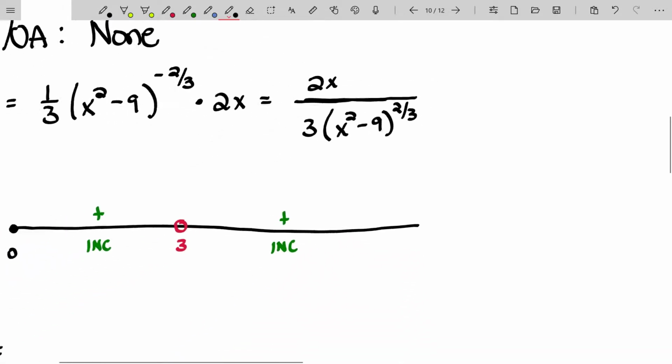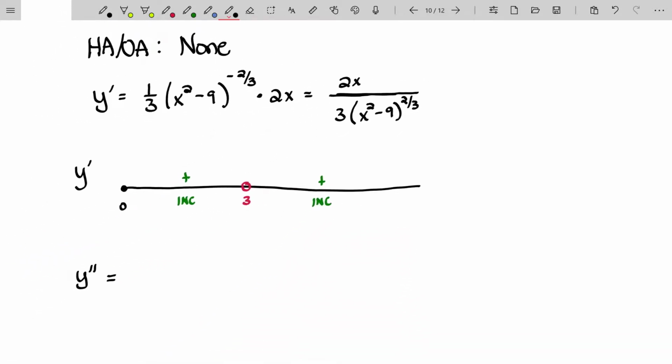Derivative of the numerator is 2 times the denominator, minus the numerator times the derivative of the denominator, which would be actually 2 times (x squared minus 9) to the negative 1/3 power, and then take the derivative by the chain rule of the interior argument, 2x.